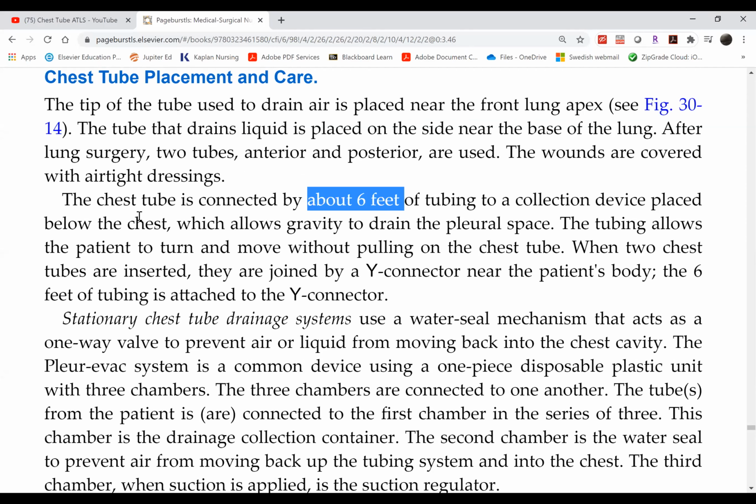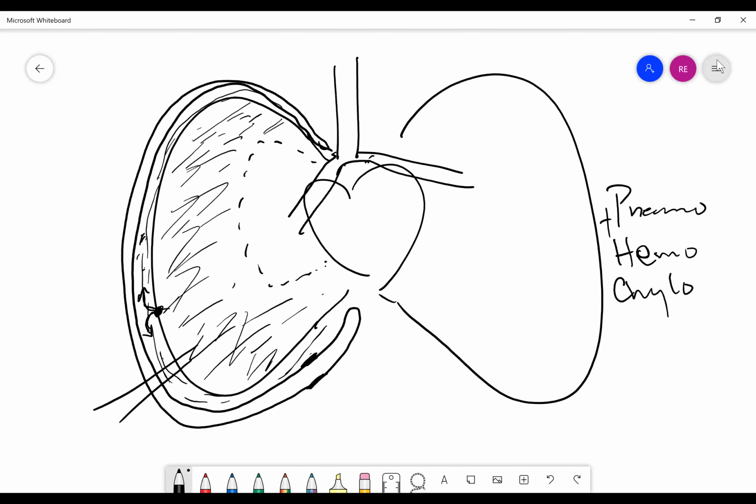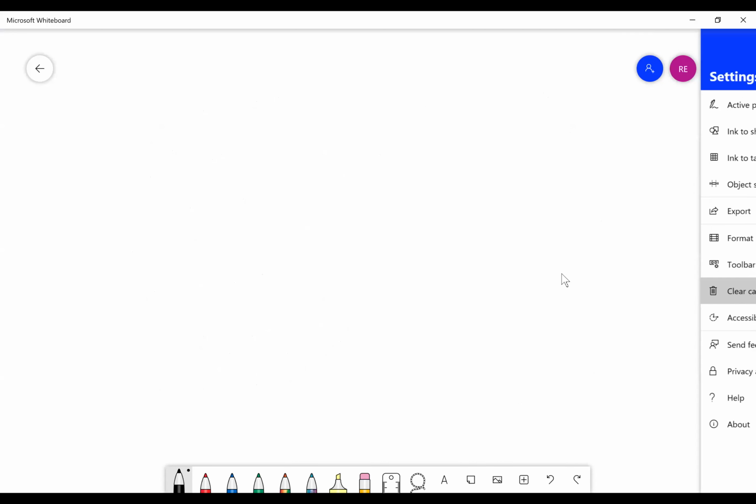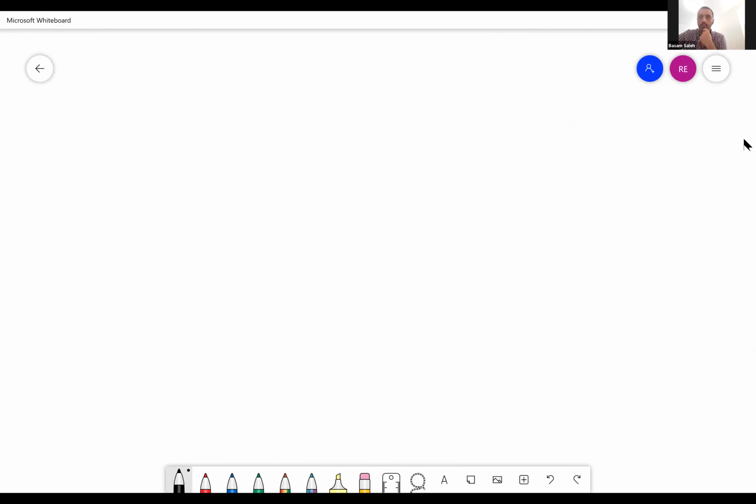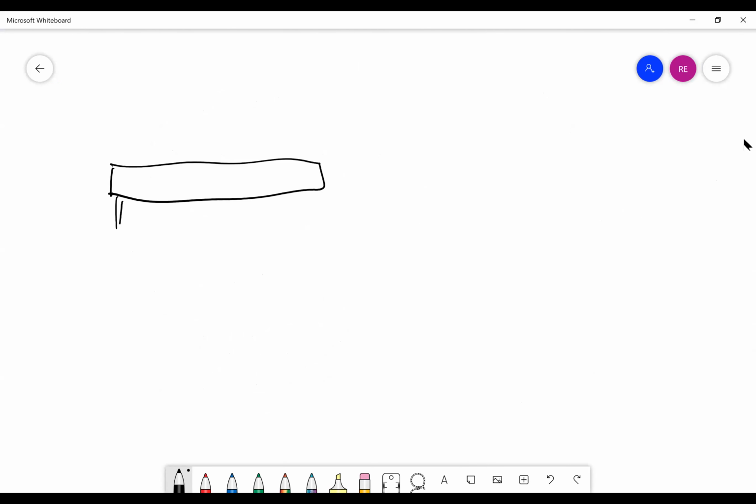So there's likely going to be some dependent loops here. What do I mean by that? So for instance, this is your patient's bed. Patient's here, chest tubes here.